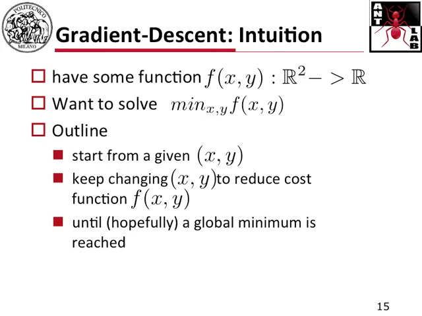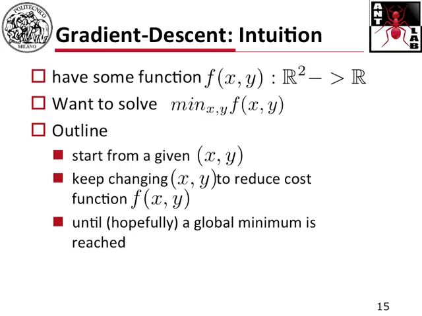So what gradient descent does is basically an iterative algorithm. So it's not an optimal algorithm. It's an iterative algorithm which starts from a given point x and y, chosen randomly, I would say, and then iterates to move this point as close as possible to the optimal point, the point x and y which minimizes the value of the original objective function f(x, y).